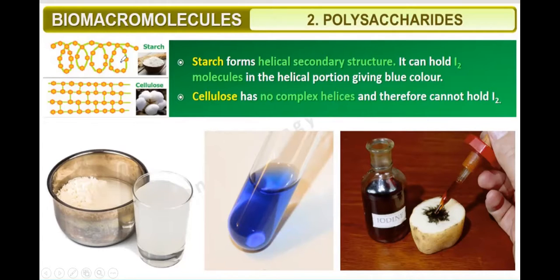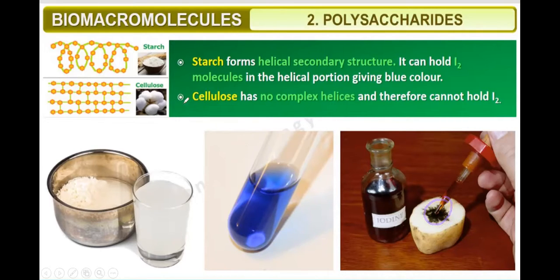So in this helical portion, there are iodine molecules. Because of the presence of iodine, this gives blue color. So this is starch, rice. Add iodine, it will give blue color. This potato, blue or black.